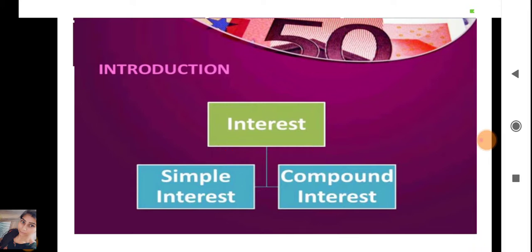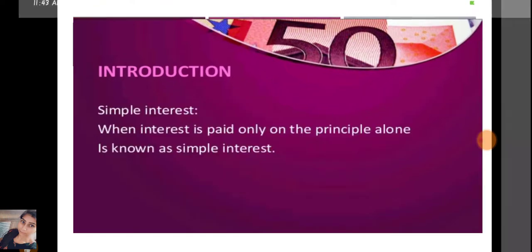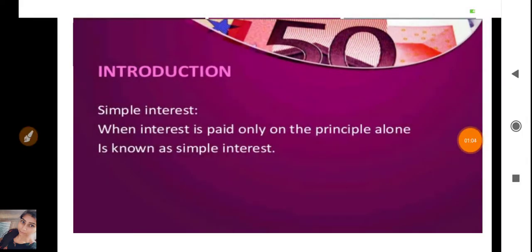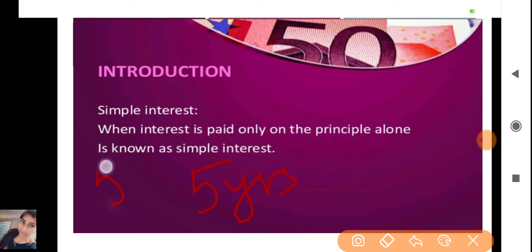First, let us see what we mean by simple interest. I hope most of the people will have an idea about simple interest. Simple interest means when the interest is paid only on the principal alone, then it is called simple interest. Suppose you are taking a loan for 5 years, and you are taking 500 rupees, so interest will be paid only on this 500 rupees.